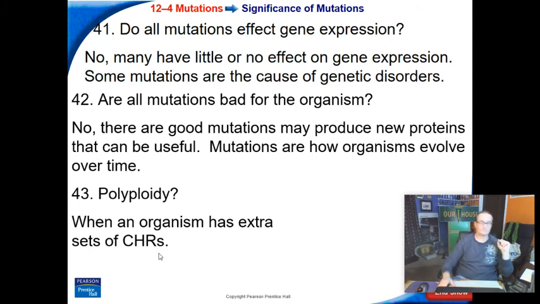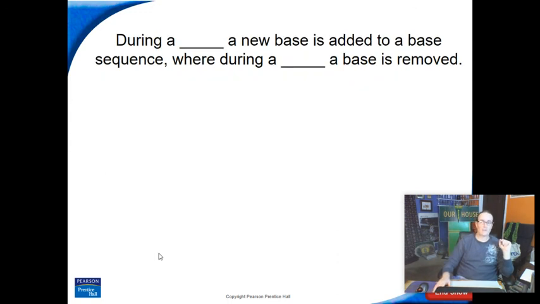Moving ahead. All right, during blank, a new base is added to a base sequence, where during a blank, a base is removed. If you can't remember, take a look back at 33 and 34. Yeah, when a base is added, it is an insertion.